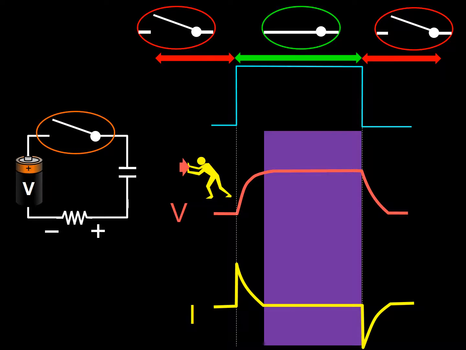But as more and more electrons accumulate in the plate, and the plate gets crowded, the deposition of electrons in the plate slows down. This is expressed in this figure by the man pushing against the arrow.